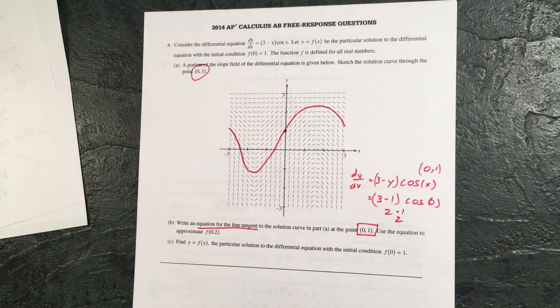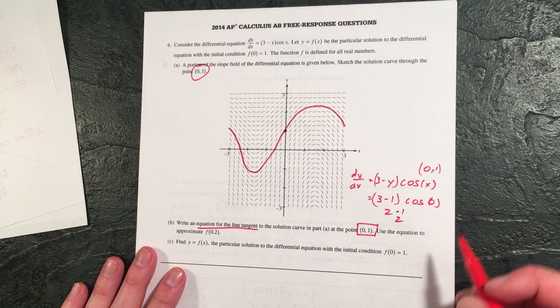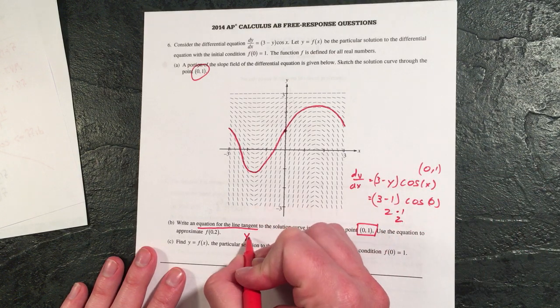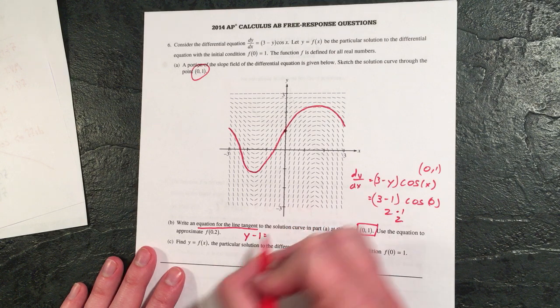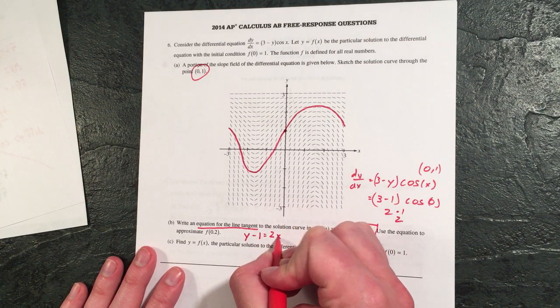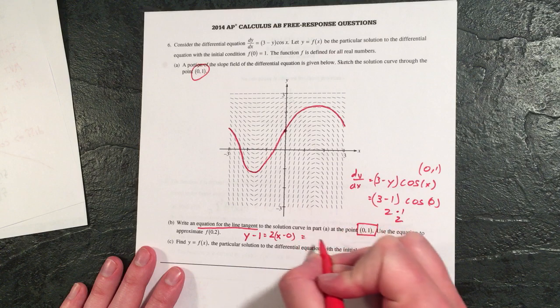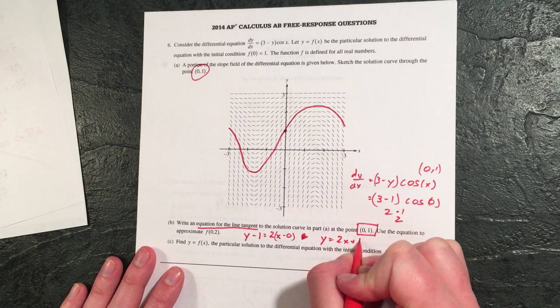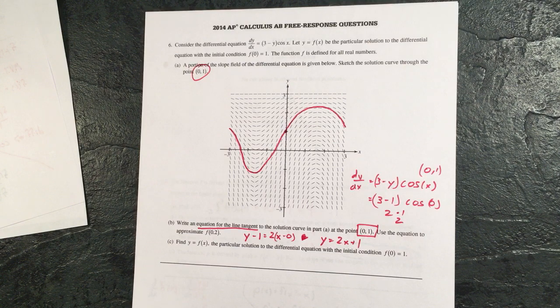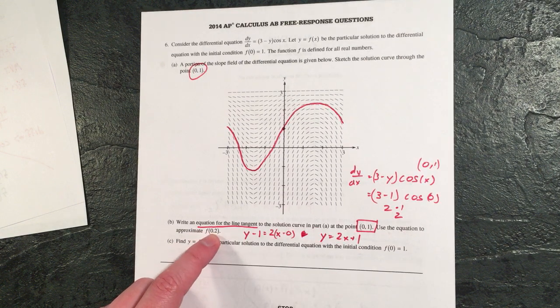And we have 2 here as a slope. We got the point and the slope, so the tangent line equation that we can write down is y minus 1 equals 2 times x minus 0. If we wanted to write this nicer, that's just 2x plus 1. And it said use this equation to approximate at this point.